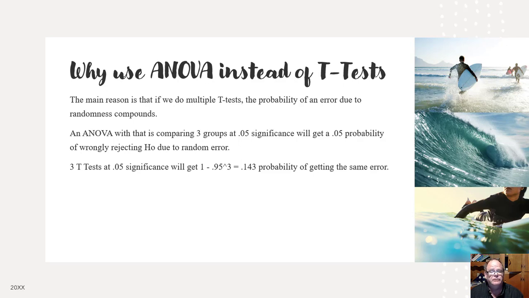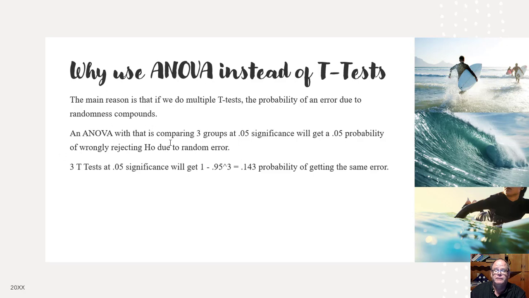If, on the other hand, you use three t-tests, each at the 0.05 level of significance, the way the probability works is you take 1 minus 0.95 to the third power. You get a 0.143 probability of the same error, wrongly rejecting the null hypothesis, due to random error.